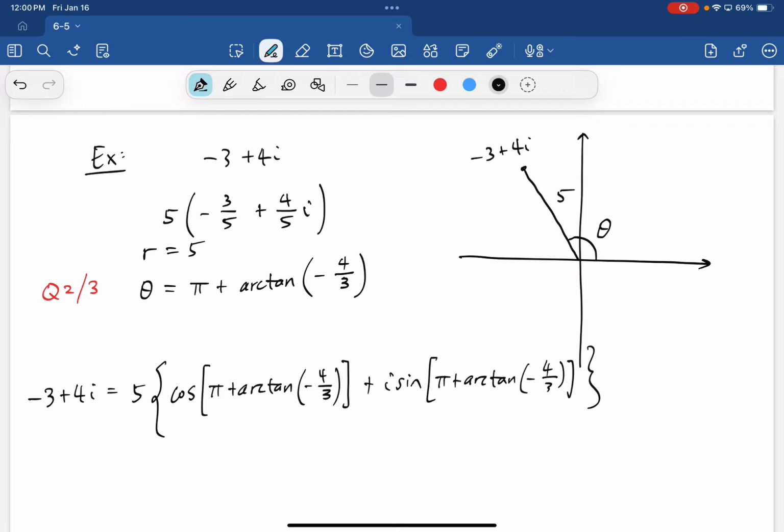I just wrote it in the standard form, R cosine plus i sine. Not standard form, standard trigonometric form.